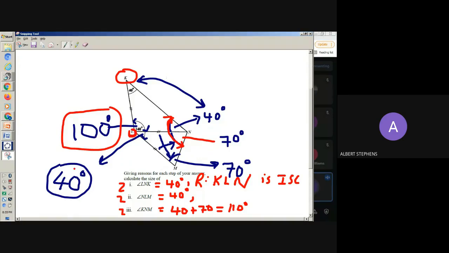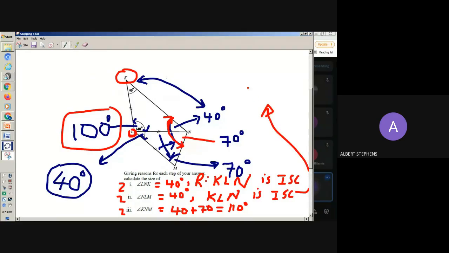The 140 to give us what? 40. But how did we get the 100? We got the 100 because triangle KLN is an isosceles, not true?